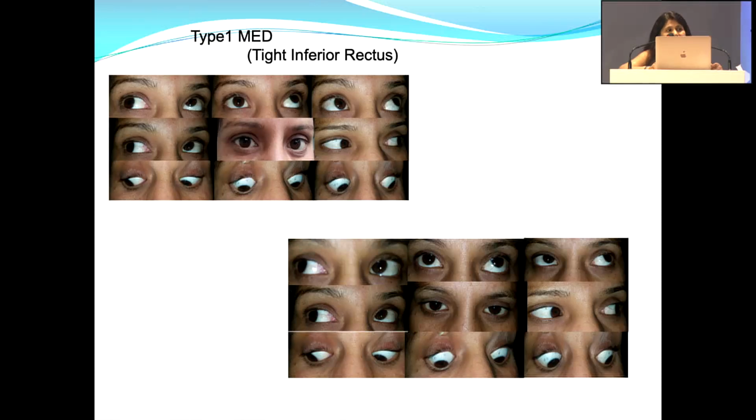At the point where you have minimal restriction, you leave your inferior rectus at that point. This is a case with limitation of elevation in the right eye, and after the inferior rectus recession, you can see that the patient achieved good vertical alignment as well as some movement in elevation.